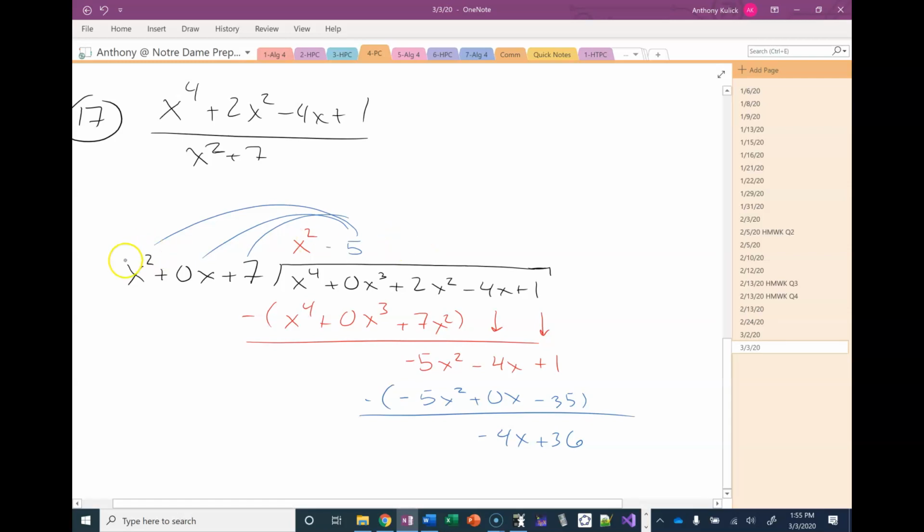And then what times x squared gives me negative 4x? Not a polynomial, right? I would need an x in the denominator, so those don't count. So that's going to be my remainder.